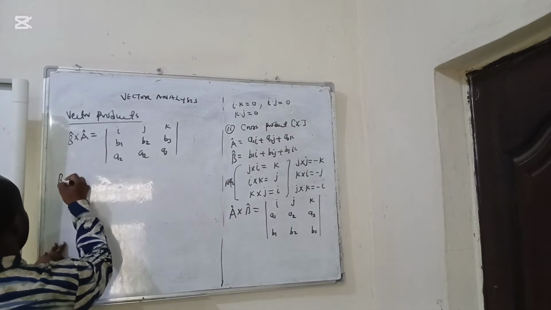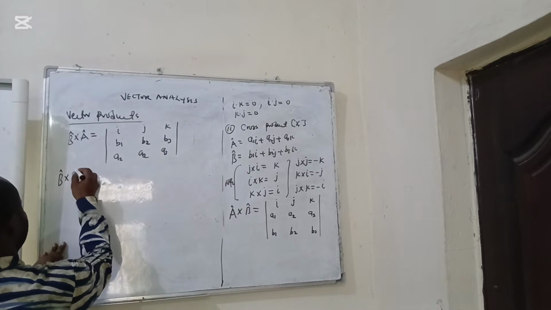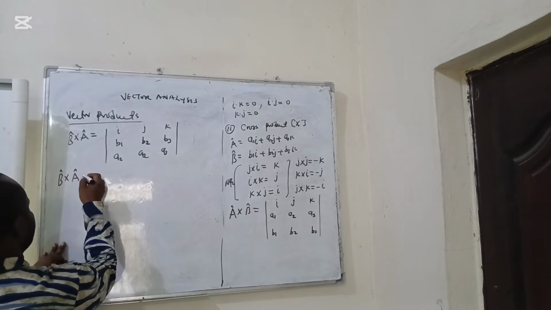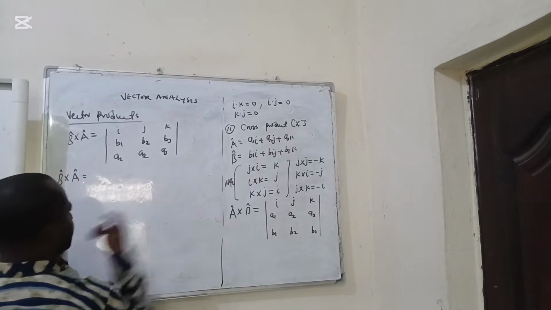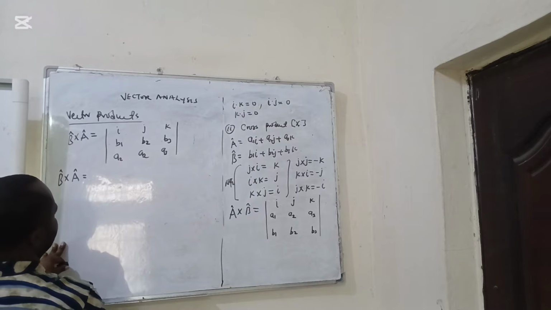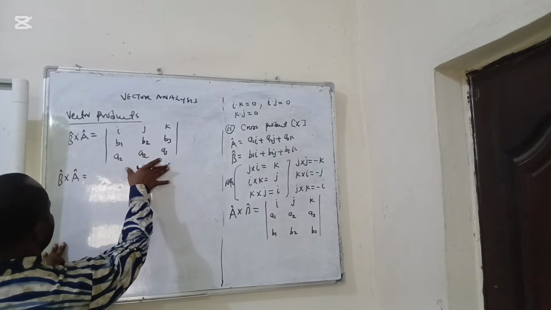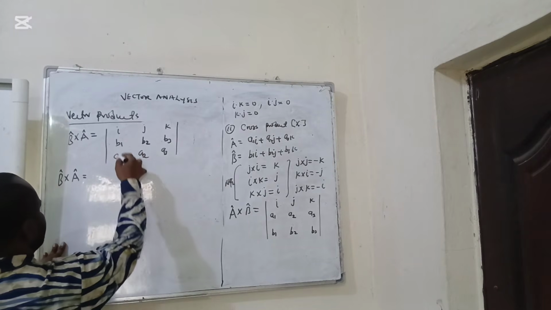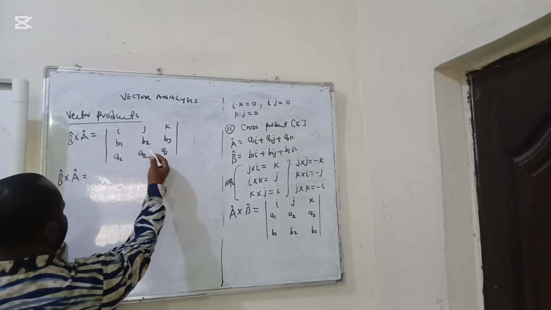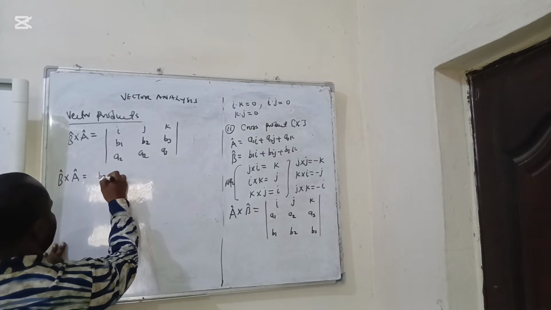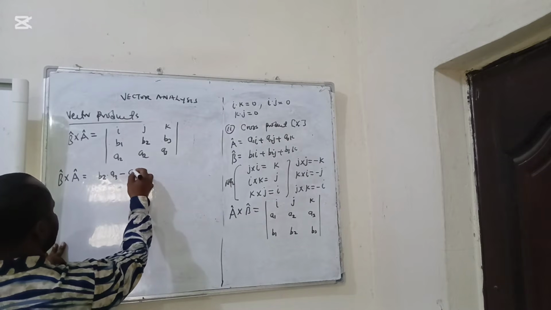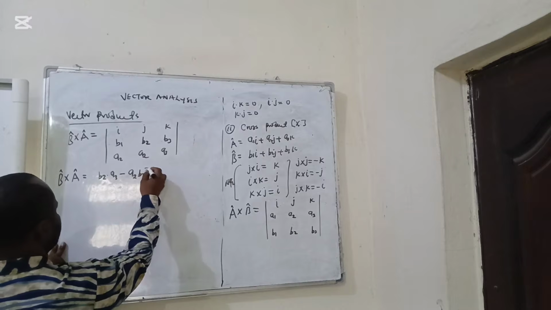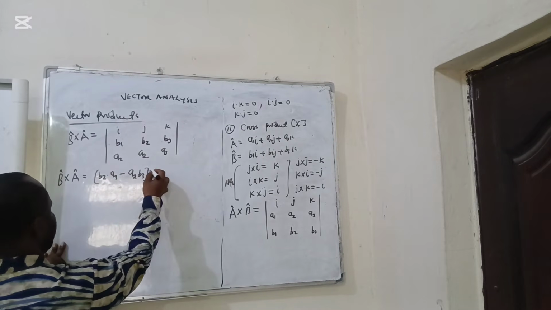So let's consider this now. We have this and we have this, so we have to have this times this. So that will be b3 a2 minus a3 b2, and you include i.